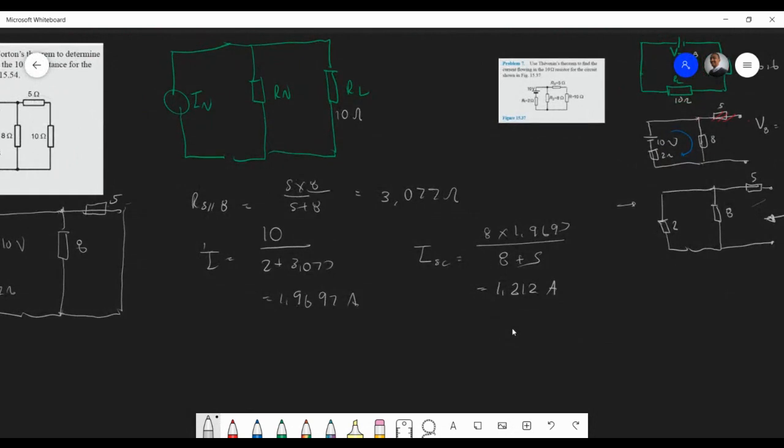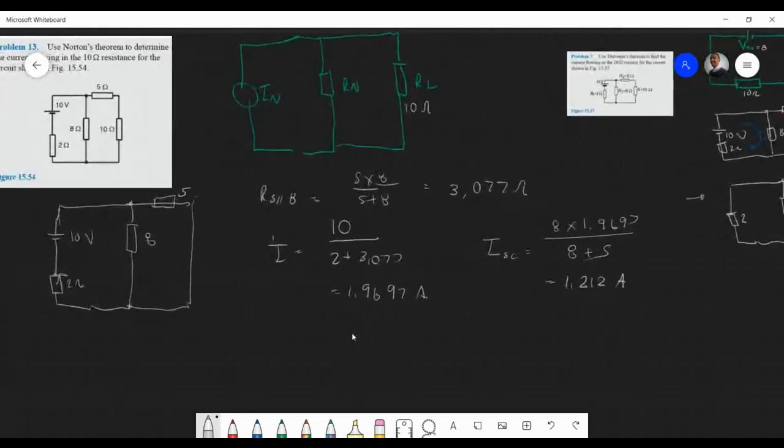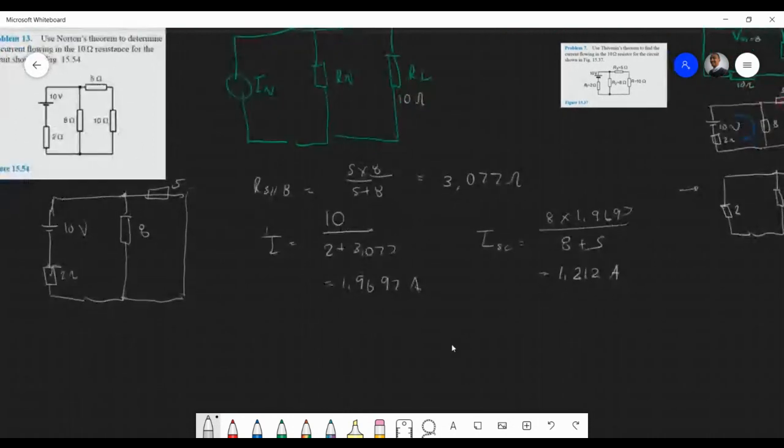And if you look at your Thevenin resistance, sorry, your Norton resistance, we'll remove this. Then we're going to have a 2 and an 8. That 2 and an 8 is in parallel. And we do the same approach by looking in.